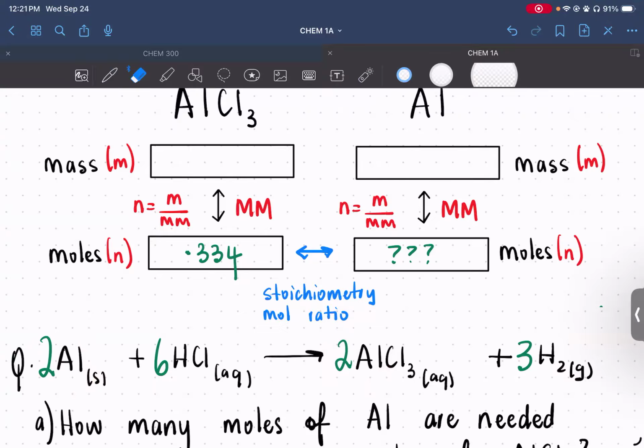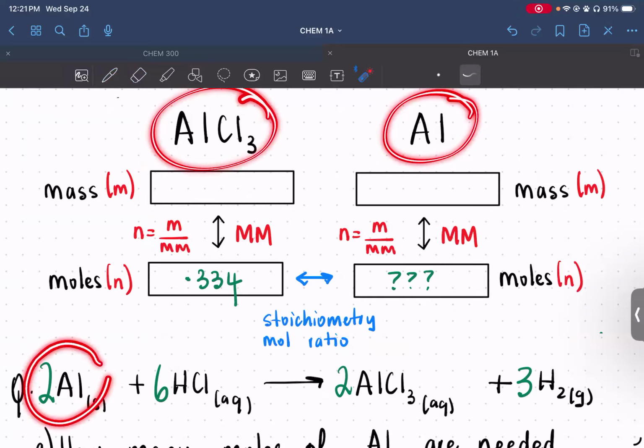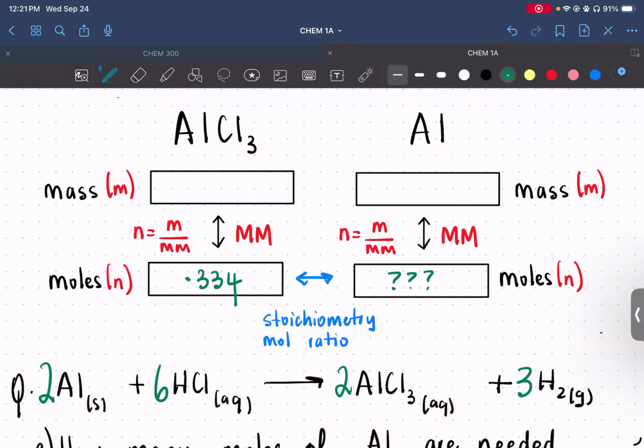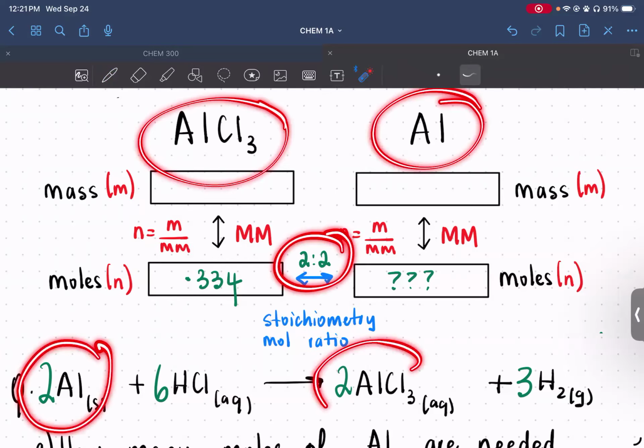Now we can clearly see the ratio between aluminum and aluminum chloride is 2 to 2. Where do those numbers come from? They're the balanced numbers in front of the chemicals. For every 2 aluminum, we form 2 aluminum chloride.